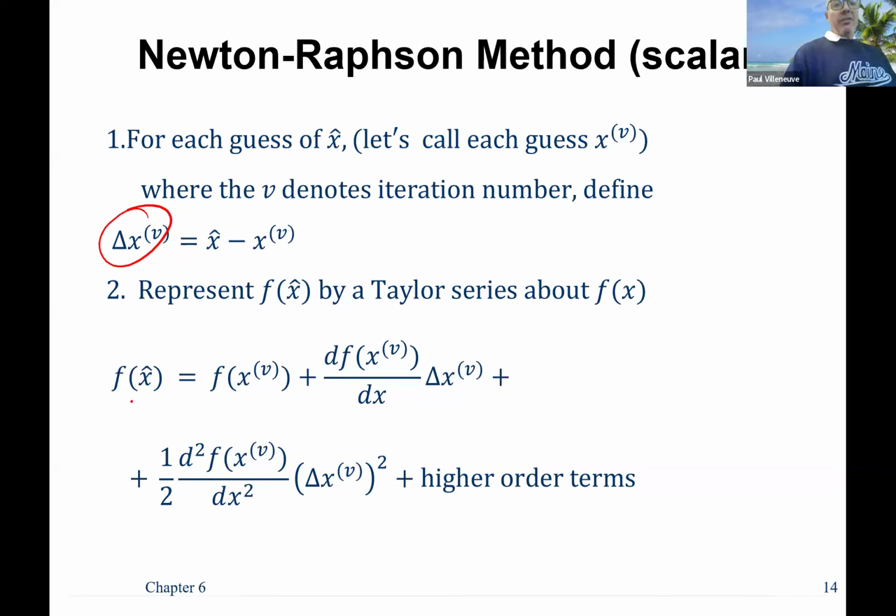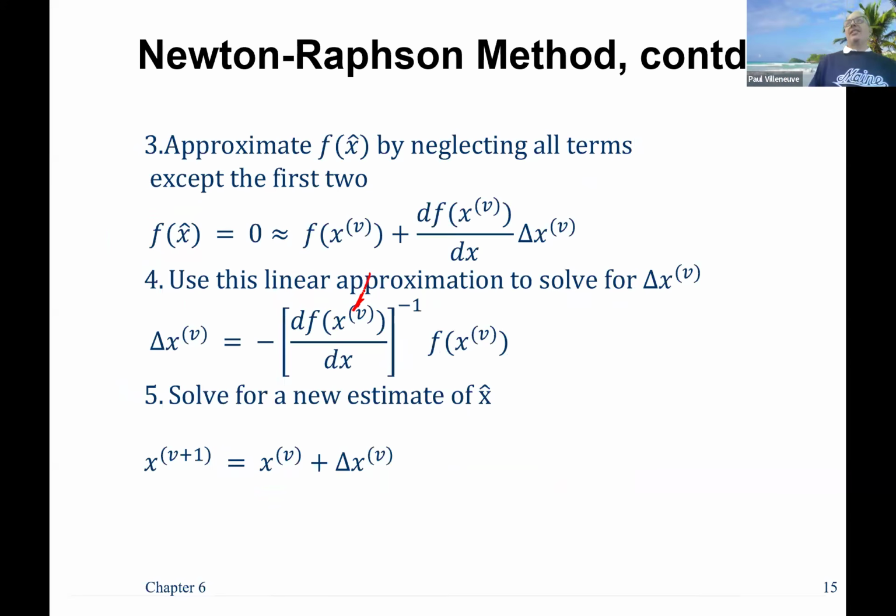We do our Taylor series expansion, which means we solve that equation right there, and then pull out our delta x. So our delta x equation involves the first derivative of our f of x equation, evaluated at that x of v. Notice it says x of v because that's an iteration. I have to keep track of each iteration.